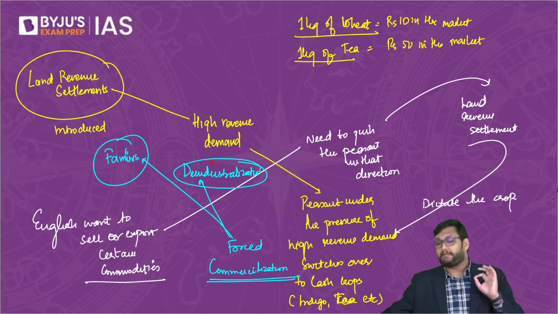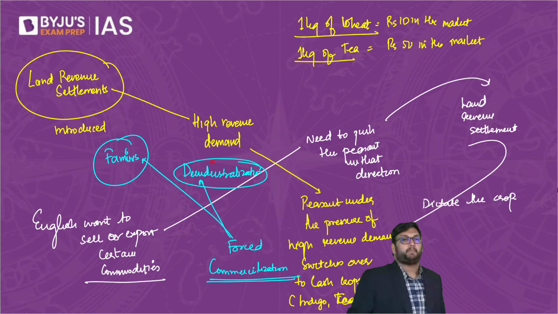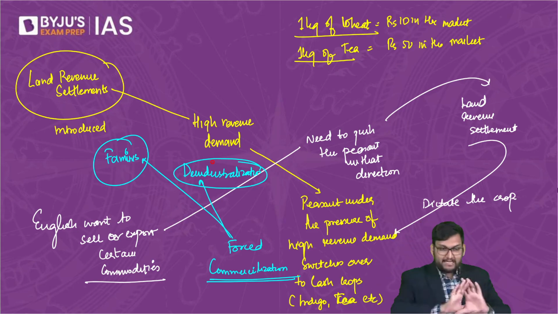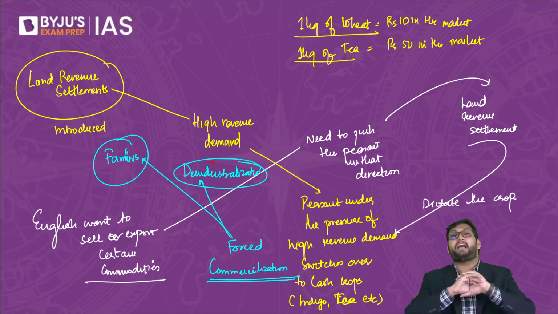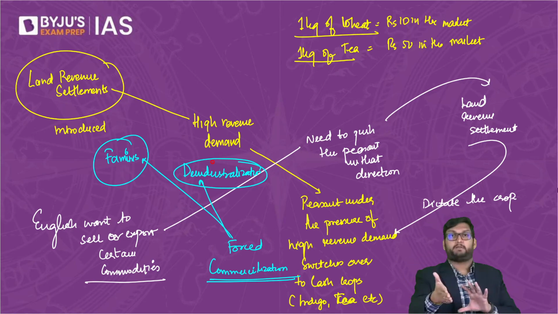To the last point, they had planned everything out: land revenue settlement will create the high demand, this high demand will force the peasant to go to the cash crop, and we will dictate the cash crop.